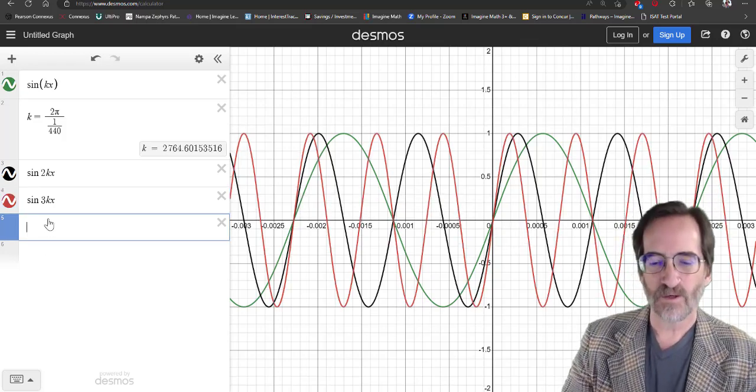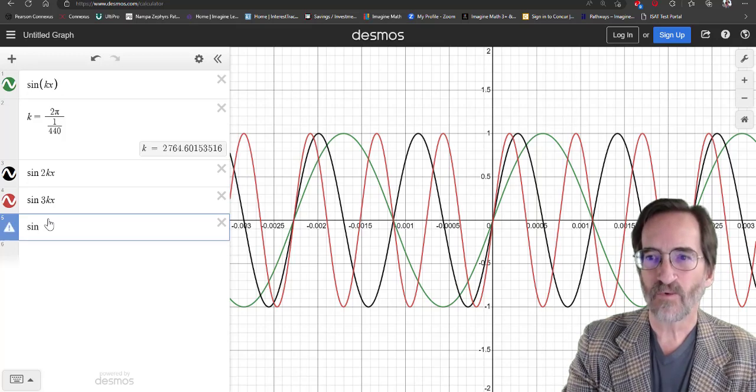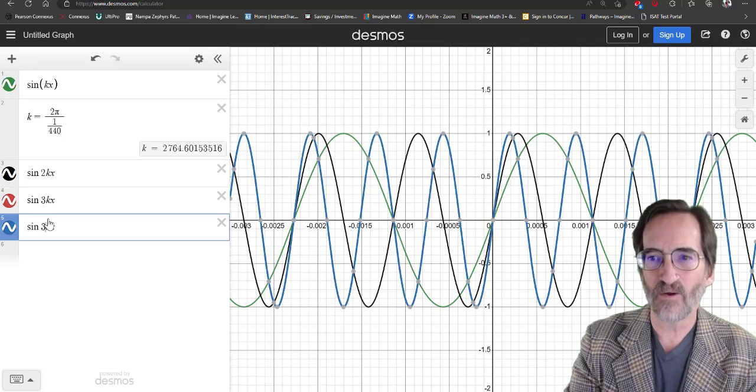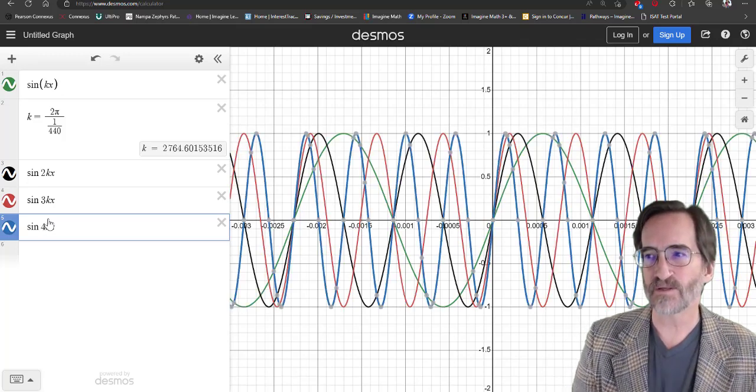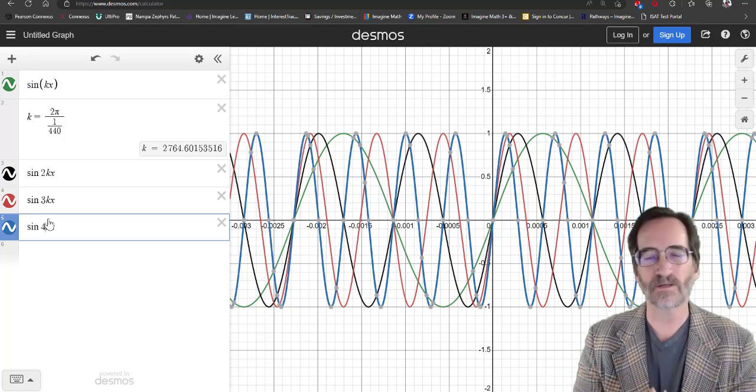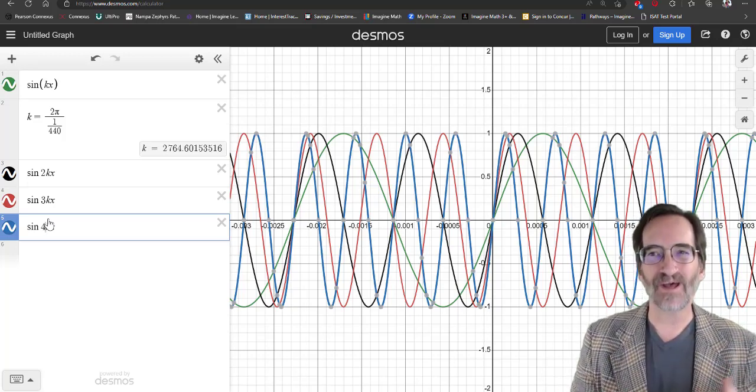So what signal processing does is it says let's take all these multiples, all these harmonically coherent signals, and combine them by addition.